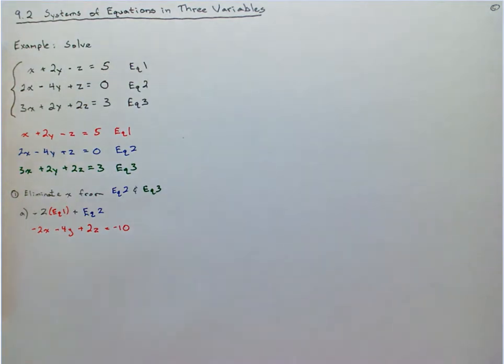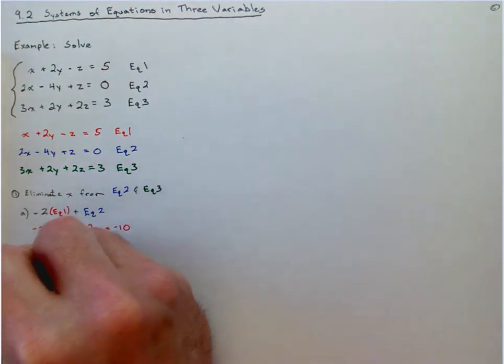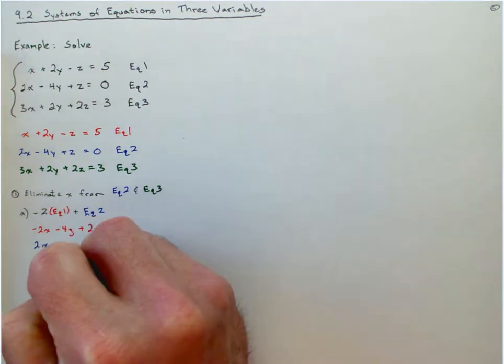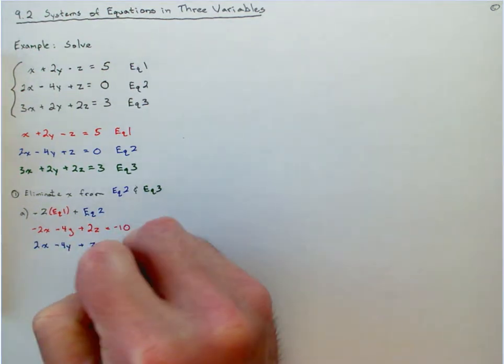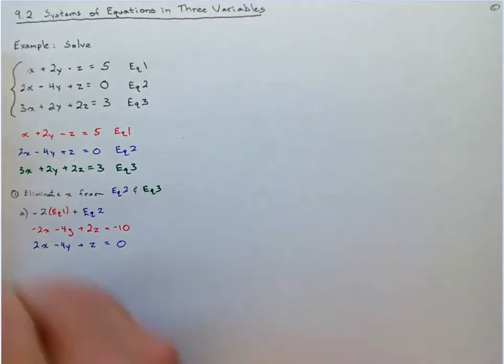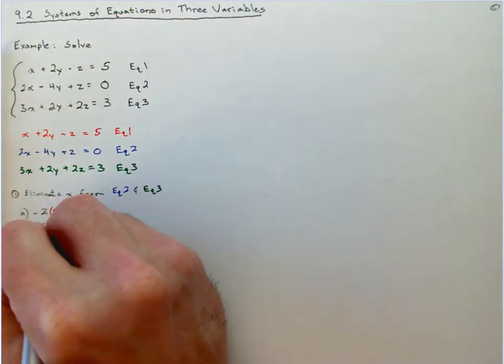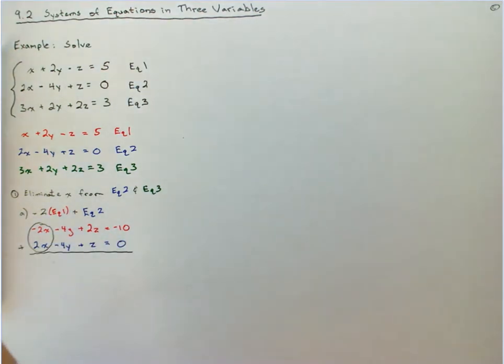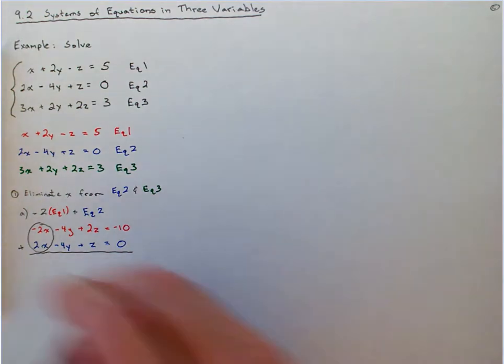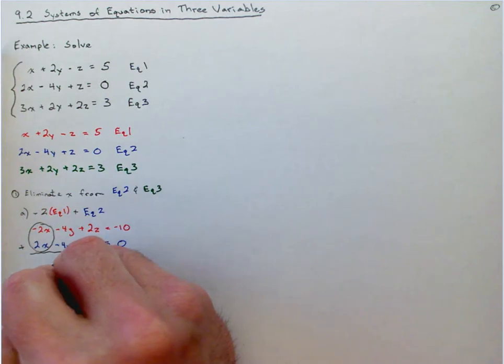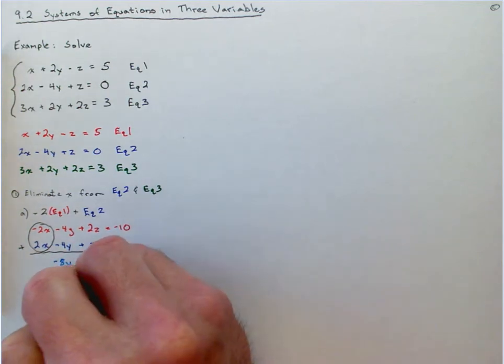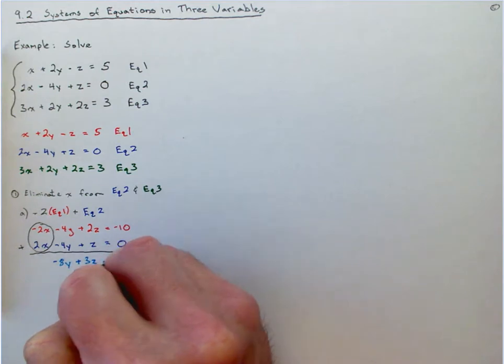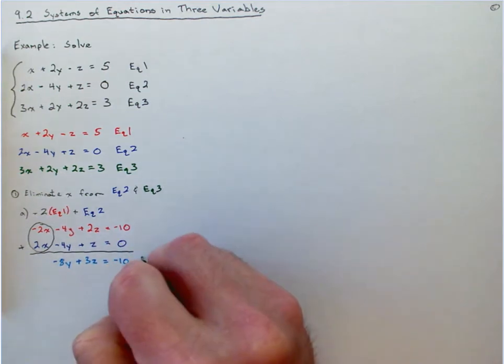And then I'll write that in blue. Now I add them together. The whole point was to eliminate x. So I end up with -8y plus 3z equals -10. And this is now equation 4.